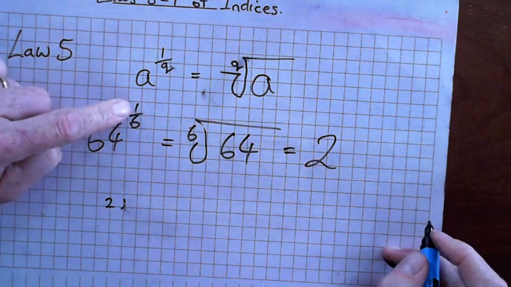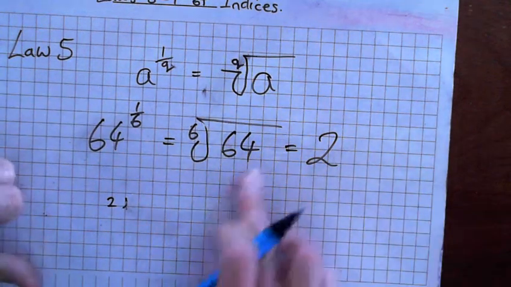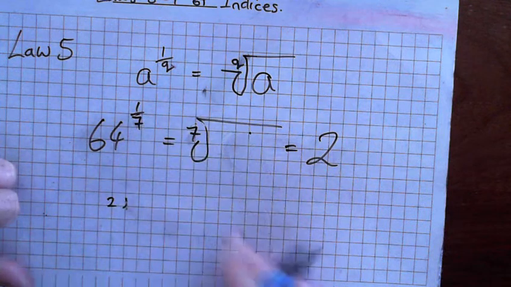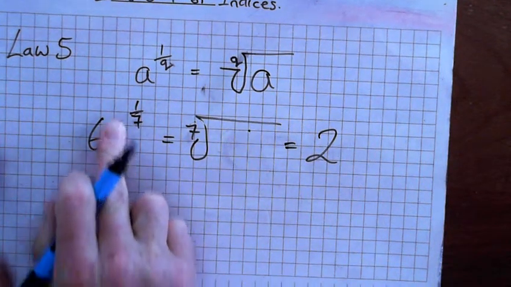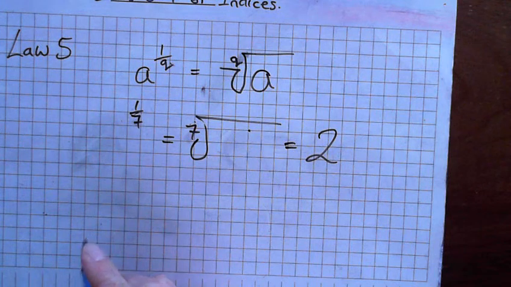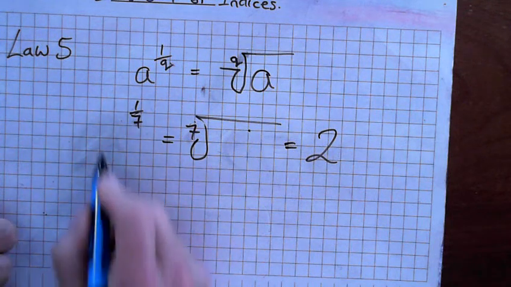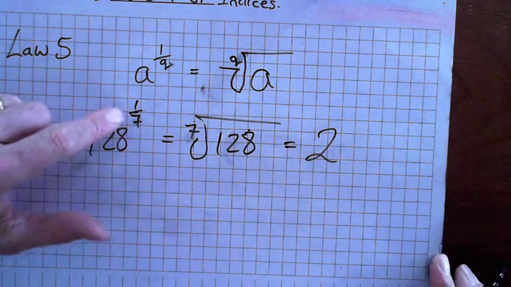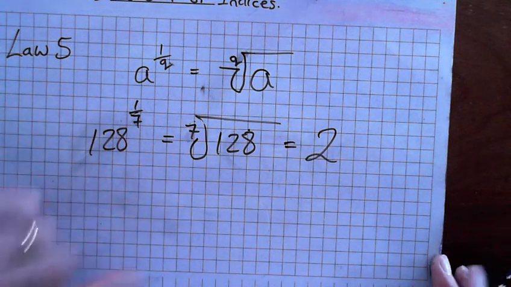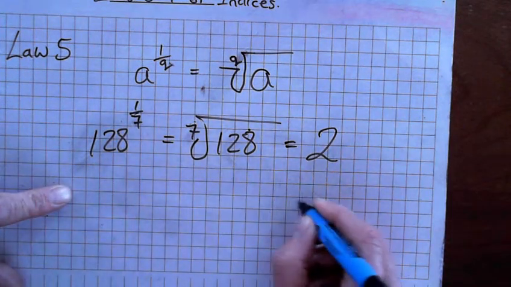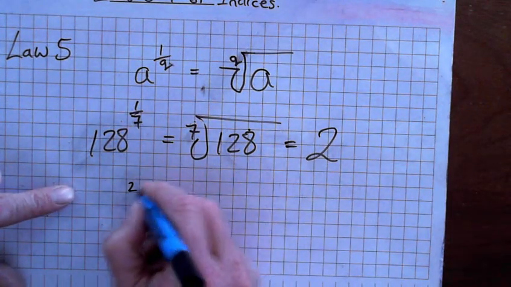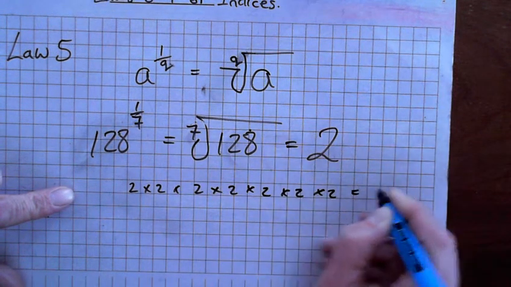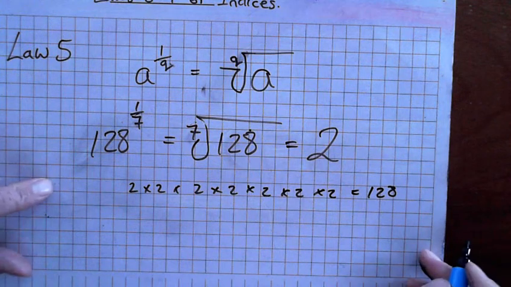What if I put in 1 over 7 and the answer was 2? What number do I need to put in there? It's not 64. Double 64? 128. The seventh root of 128 is 2, because seven 2's multiplied by each other give you 128. 2, 3, 4, 5, 6, 7 is 128.